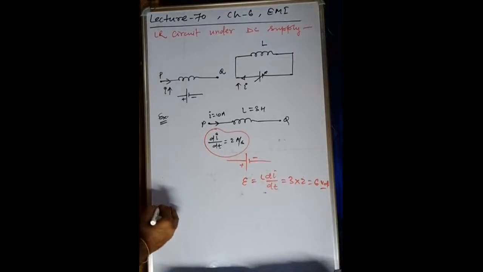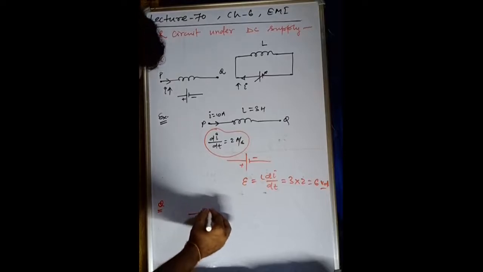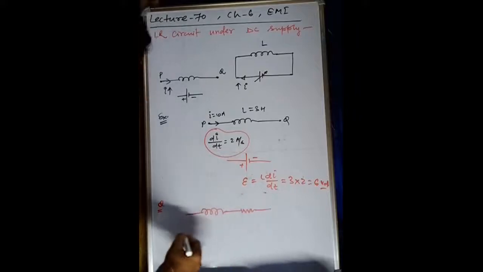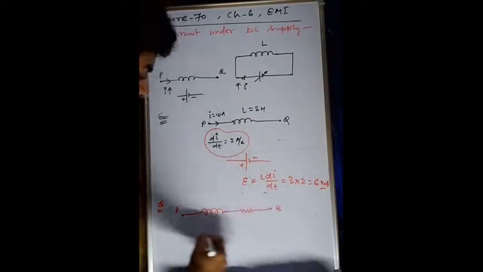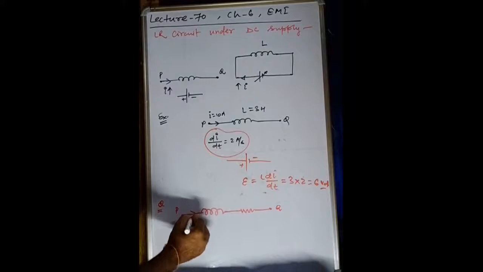Okay, now in this way, my dear students, try to solve this question. Another very simple question. A resistance is connected. Here between point P and Q, you have to write the potential, that is VPQ. What is given?